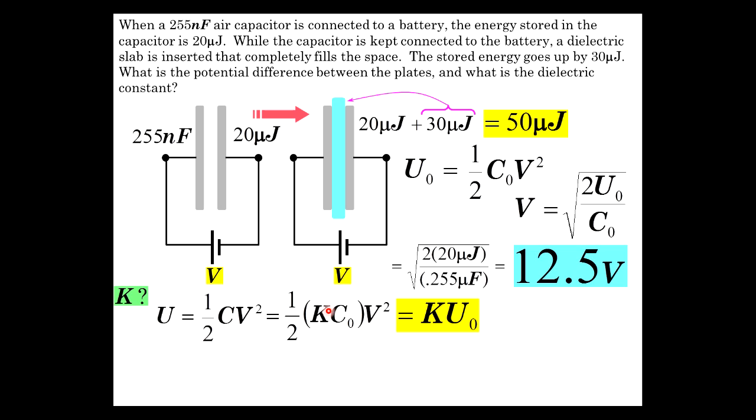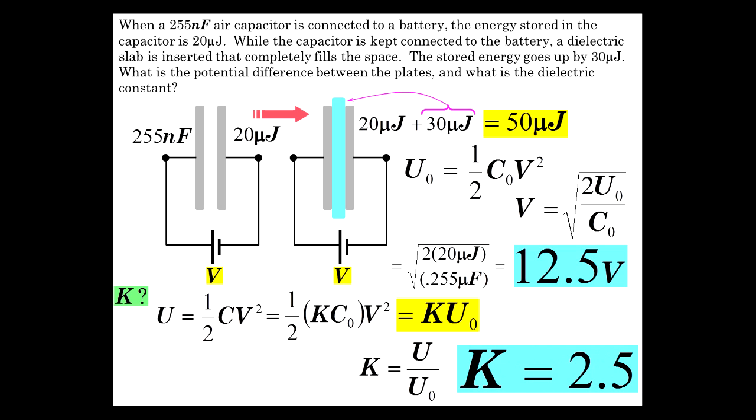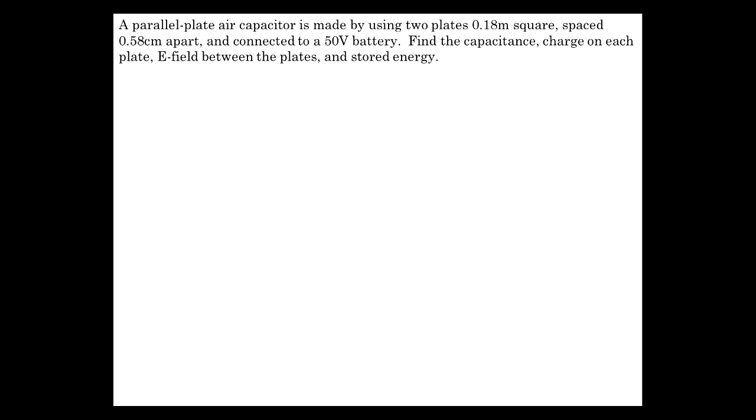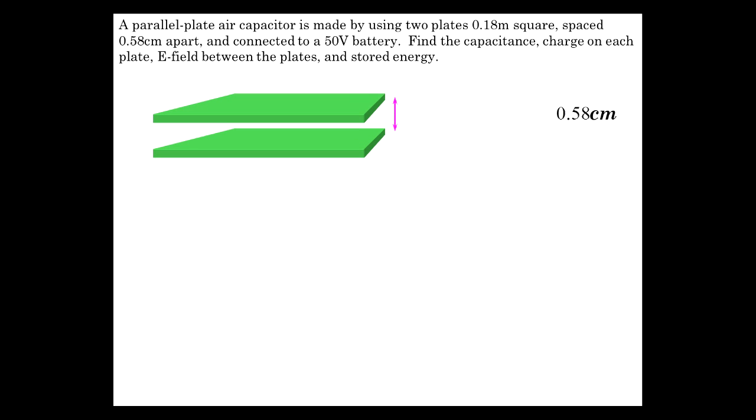The original energy is 1/2 C0 V squared, so this is K U0. So K is the ratio of the energies. We've seen that before. And it's now 2.5. Okay, a very straightforward application of these formulas.